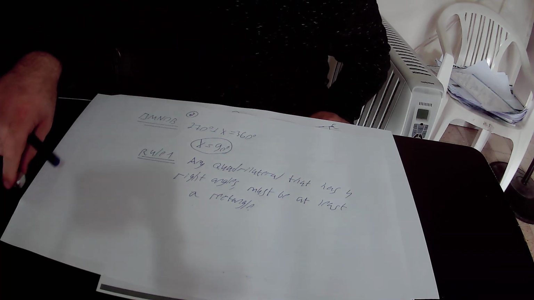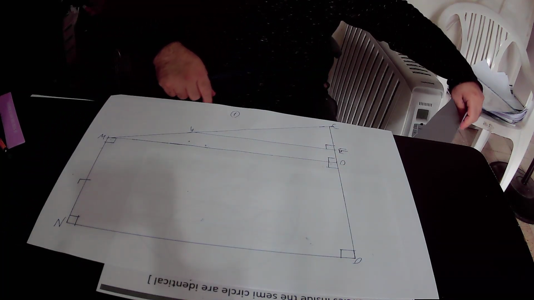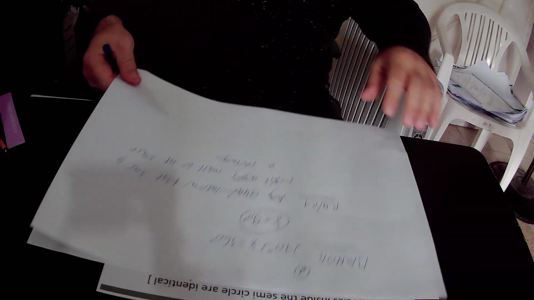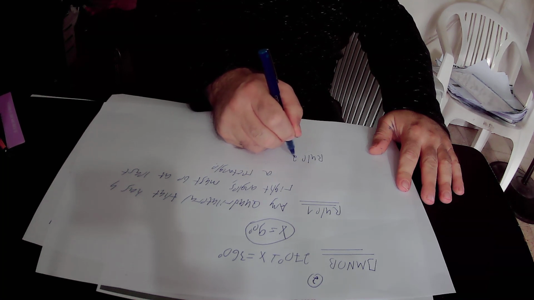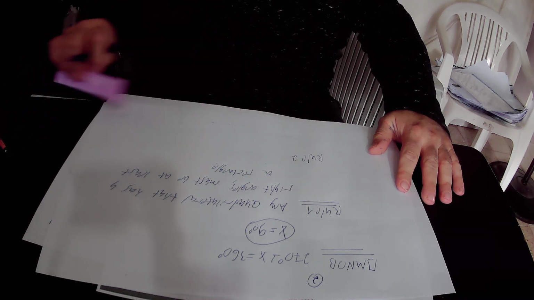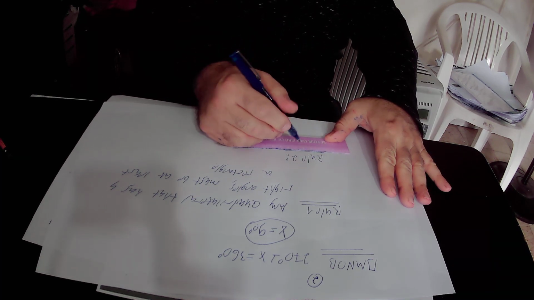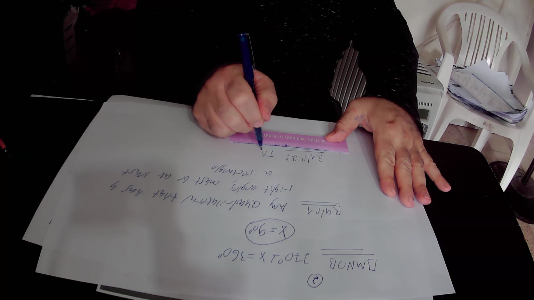So therefore, in any rectangle, the opposite sides of a rectangle are equal to each other. According to rule number 2, the opposite sides of a rectangle are equal to each other.